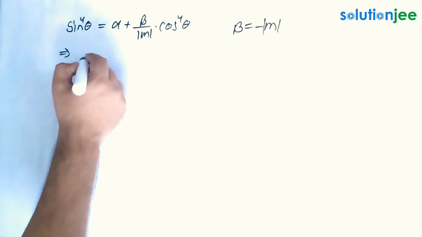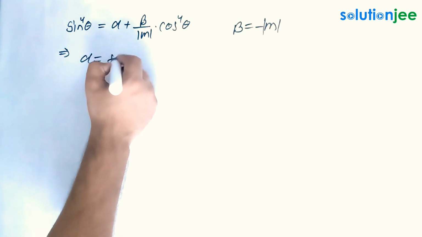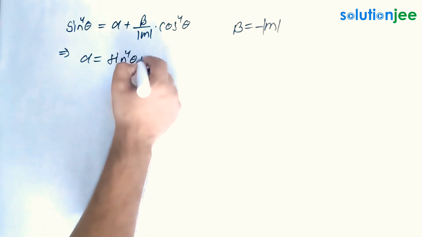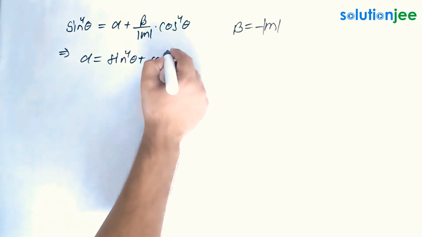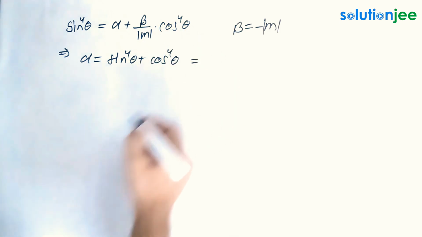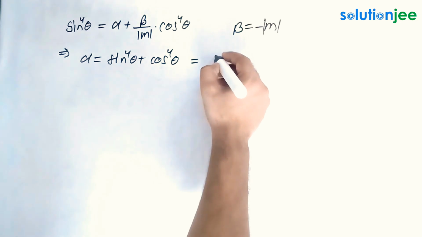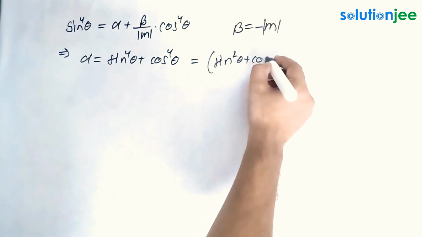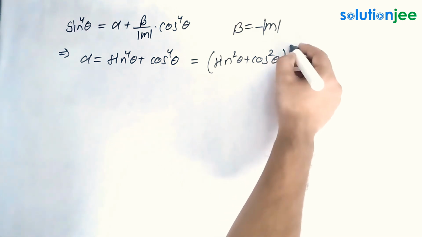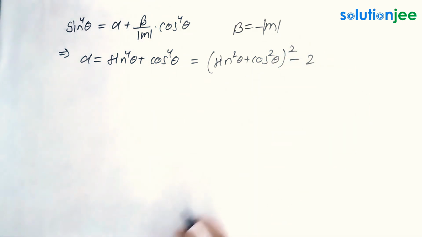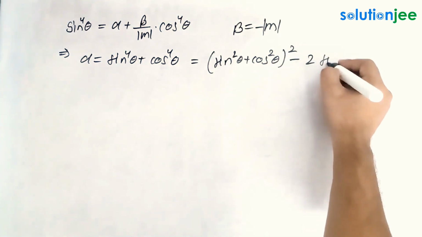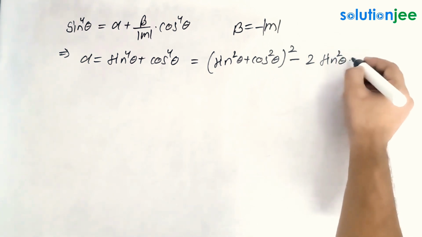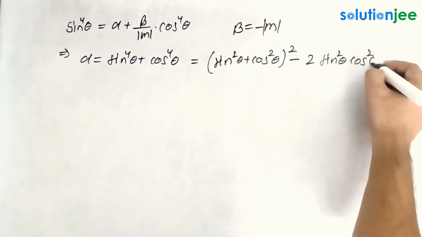So from here we get alpha, which is equal to sin raised to power 4 theta plus cos raised to power 4 theta, and here it will be sin square theta plus cos square theta whole power 2 minus 2 sin square theta cos square theta.